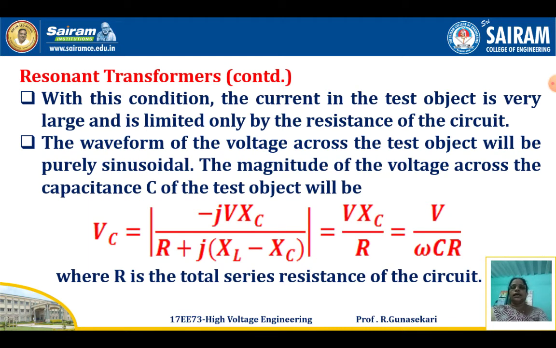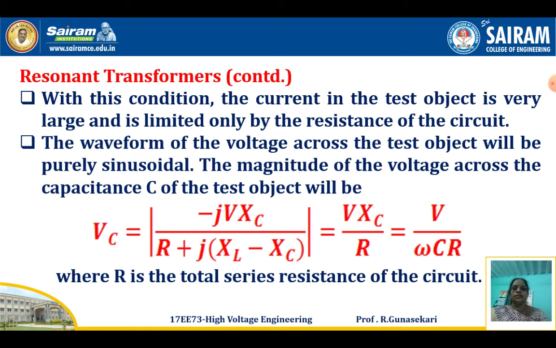With this condition, the current in the test object is very large and it is limited only by the resistance of the circuit. The waveform of the voltage across the test object will be purely sinusoidal. The magnitude of the voltage across the capacitance C of the test object is Vc equal to the modulus of minus jV Xc divided by R plus j(XL minus Xc), that is equal to V Xc by R, that is equal to V by omega CR.